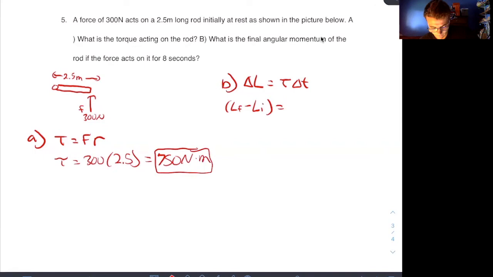And then if we plug in our values, 750, and we know it's being applied for 8 seconds, then our final angular momentum is going to be 6,000. So that is our final angular momentum of this rod.